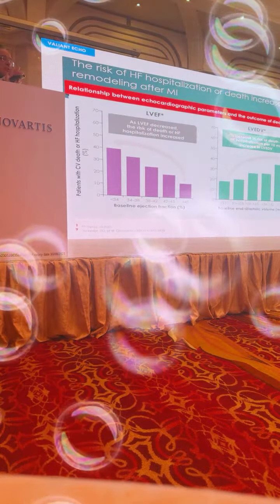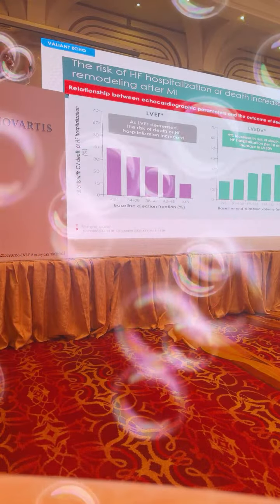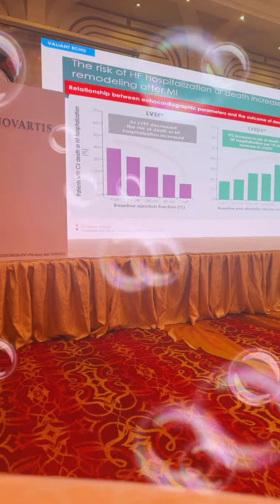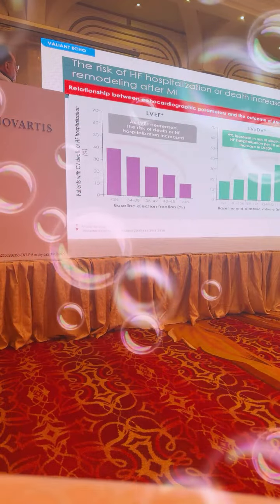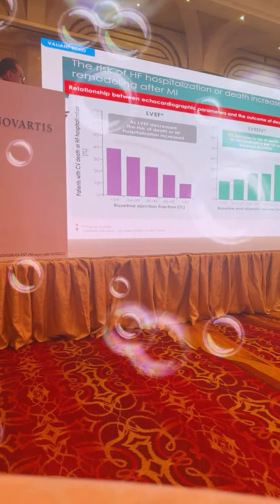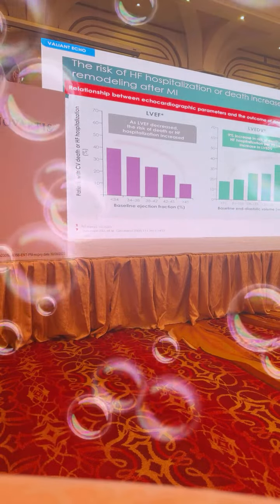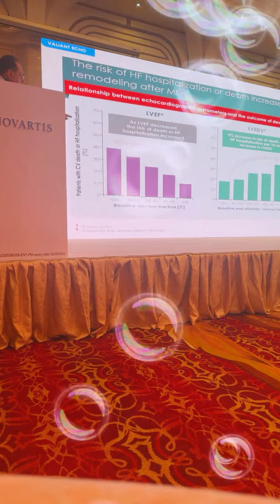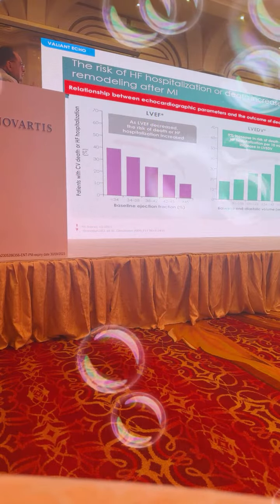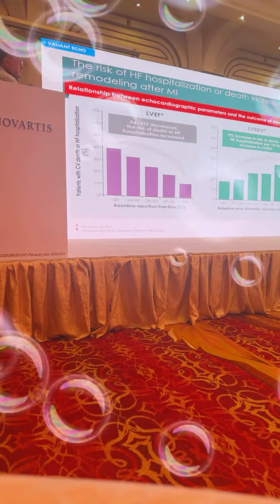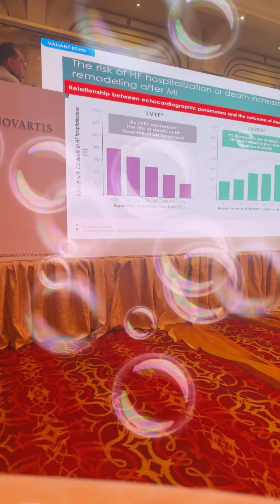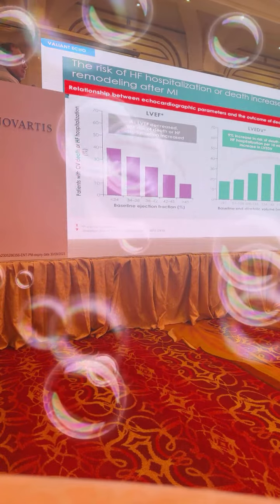Here, our Dr. Hisham mentioned very nicely, I only mention one important thing about remodeling, meaning what? If your patient has more decrease in ejection fraction, you see more mortality and hospitalization. Simple. Again, more increase in left ventricular end-diastolic volume, more death, mortality and hospitalization.